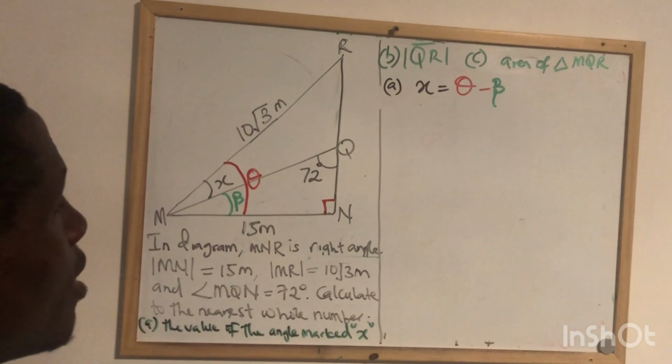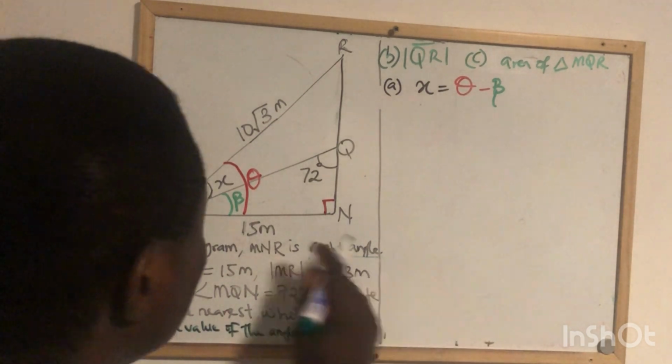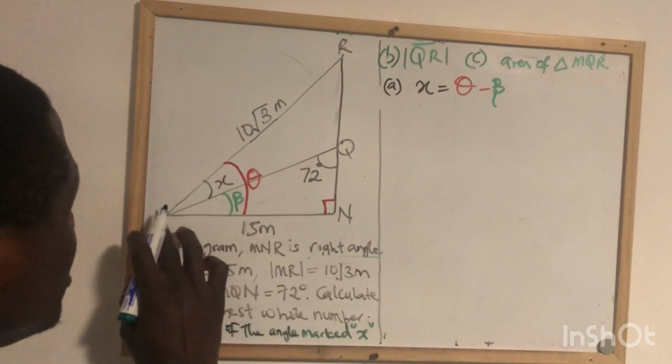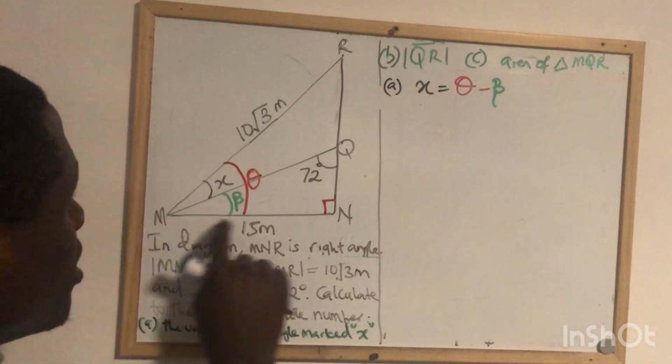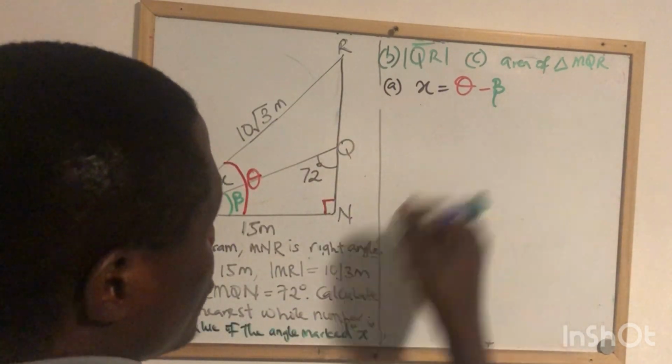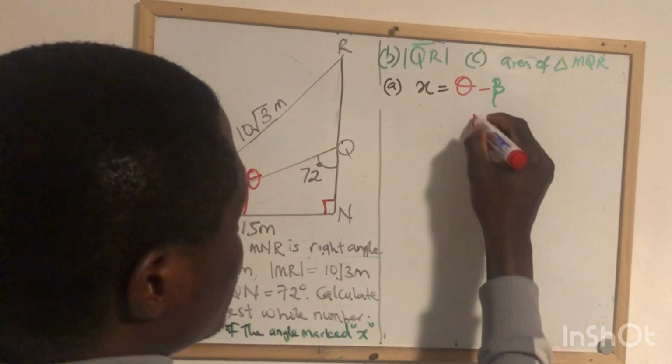Now to get theta first, the first thing is to consider the whole triangle, because this theta is actually in triangle MNR. So you have to draw that out first. I'm going to draw it out, theta itself, using red.